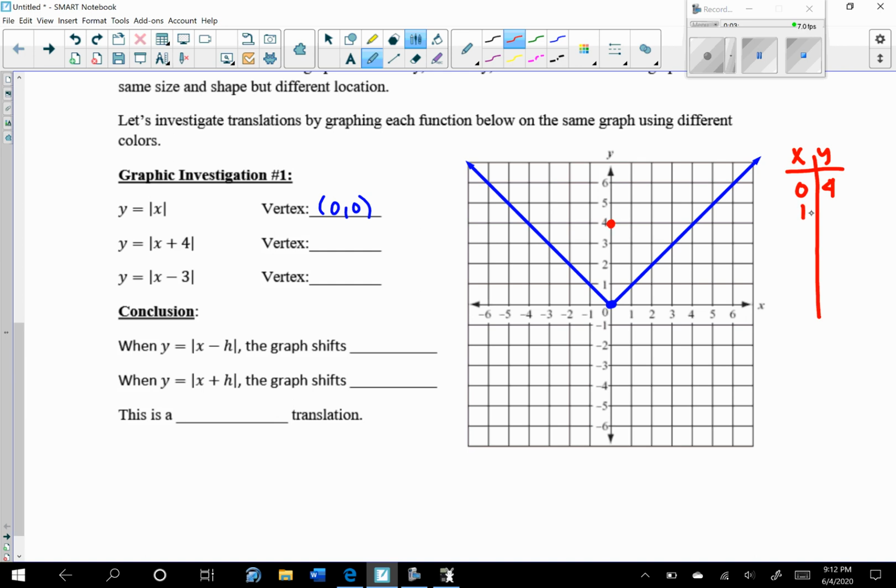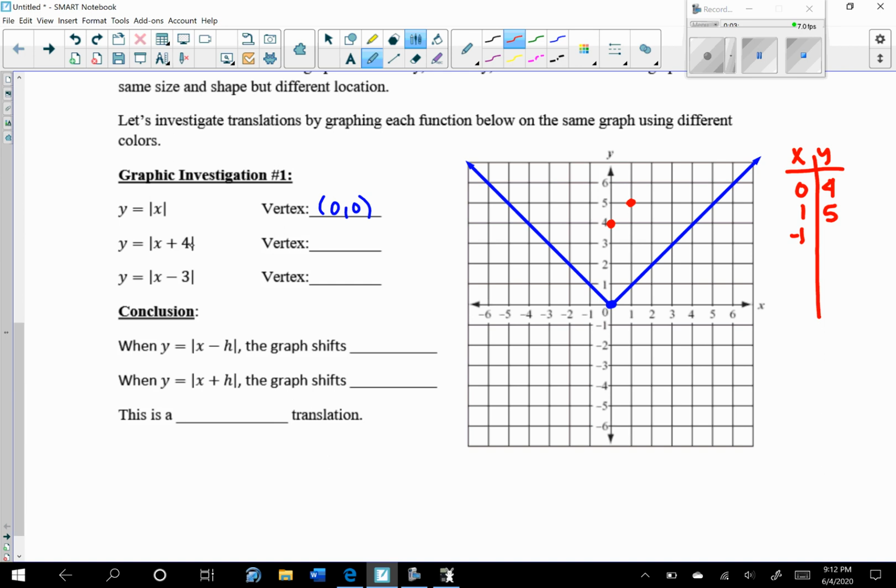If I plug in 1, the absolute value of 1 plus 4, so 1 plus 4 is 5. So we have 1, 5. If I do on the other side, negative 1, negative 1 plus 4 is 3.